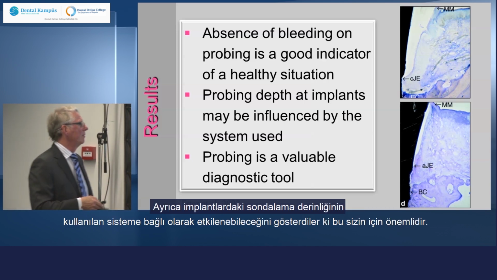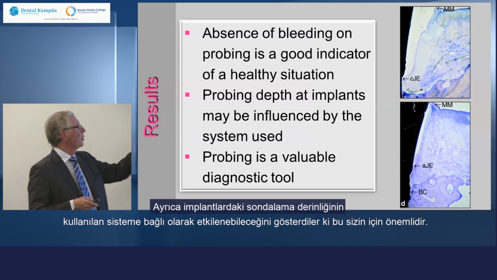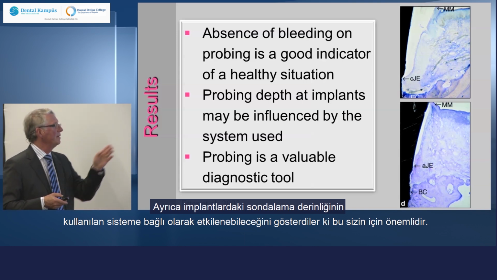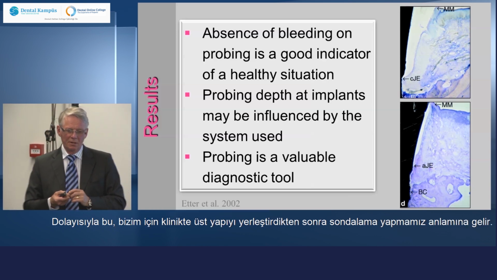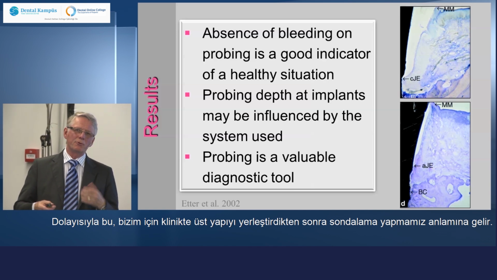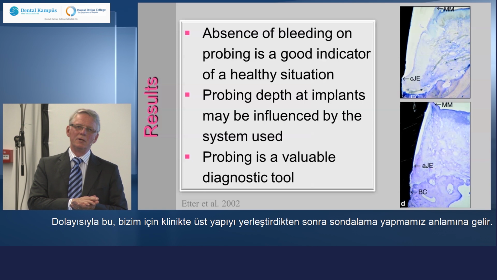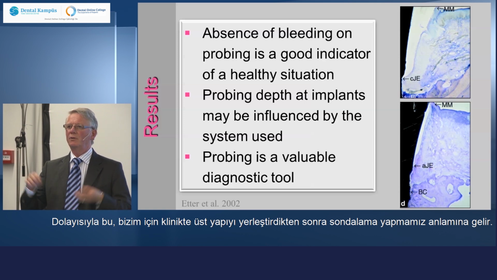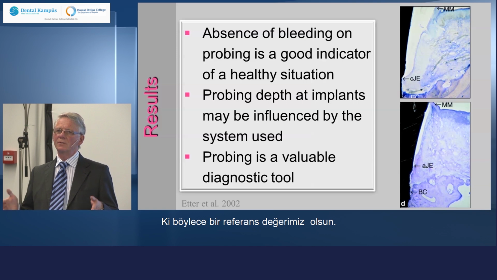They also showed, and which is important for you, that probing depth at implants may be influenced by the system used. So for us in the clinic, this means that really what we should do is to probe after we put the superstructure in place, to have some kind of reference value.